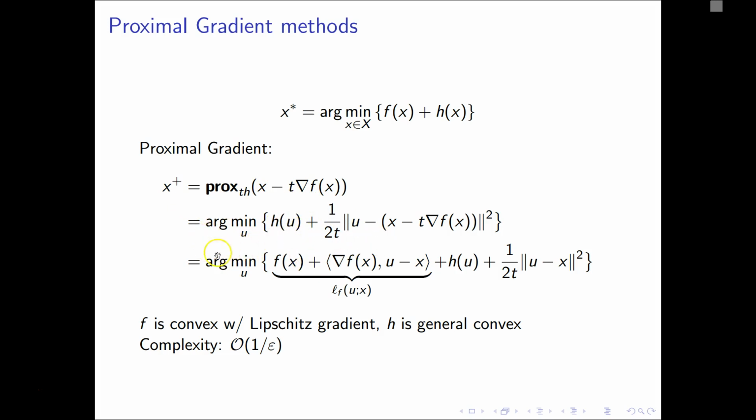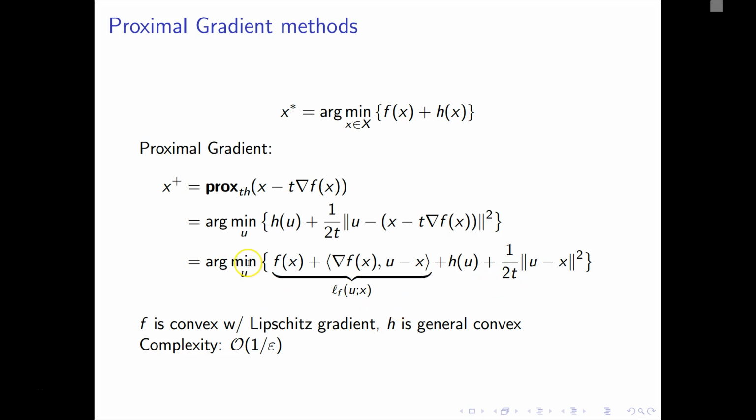So this is actually the same as the argmin over u of the linearization of f, which is essentially f(x) plus the gradient of f(x) transpose times (u minus x). It's like a first order Taylor expansion of f(x) parameterized by u, and you add this to h(u), and finally the distance controlling term.